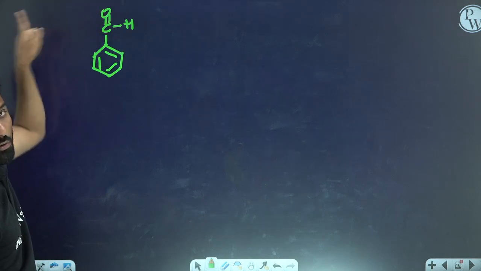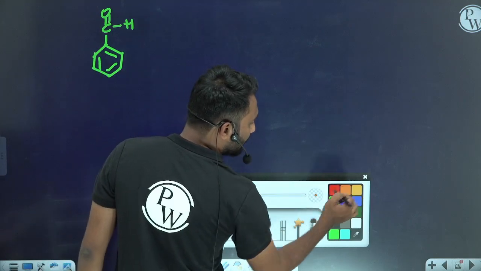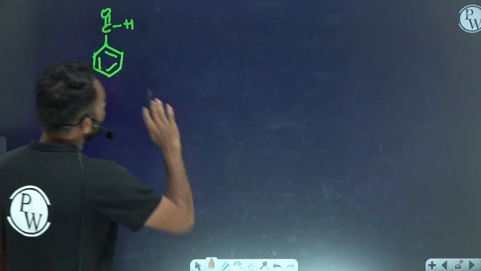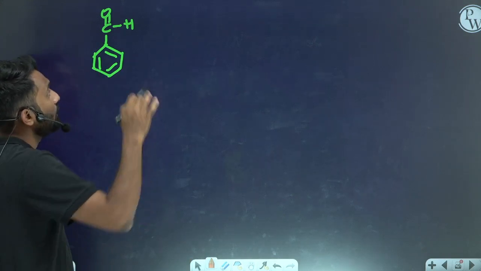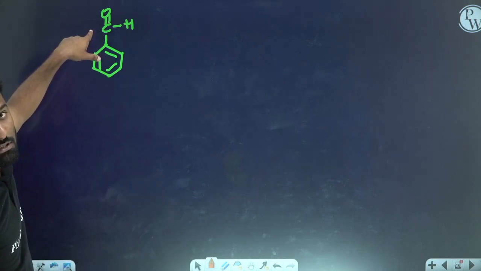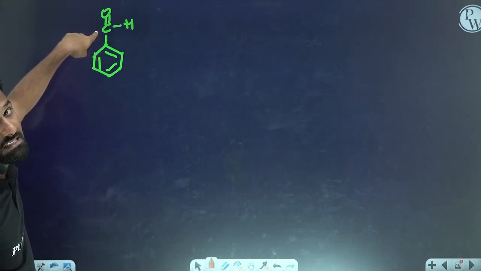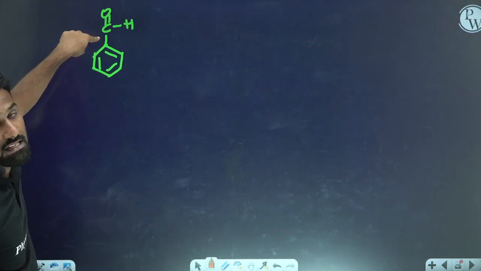There is no lone pair on the carbon, that's the reason it is a ring deactivating group. By that you can identify which group is a ring activating group and which is a ring deactivating group. Here the carbon has no lone pair, so this will act as a ring deactivating group. If there is a lone pair, that is a ring activating group.